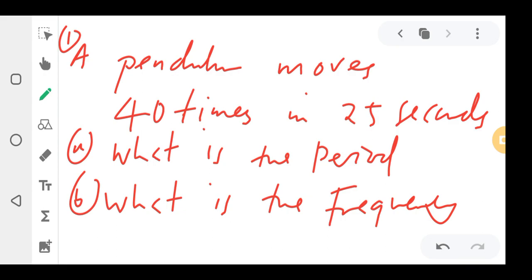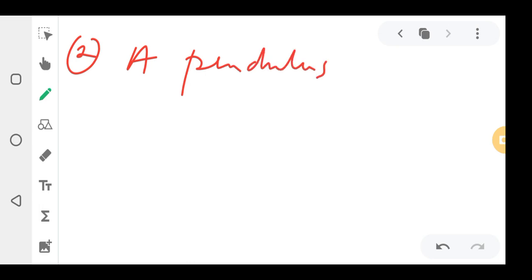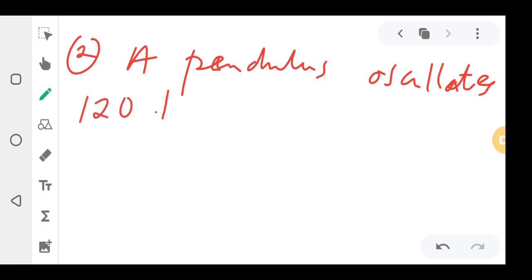Question 2. A pendulum oscillates 120 times in 0.25 seconds.